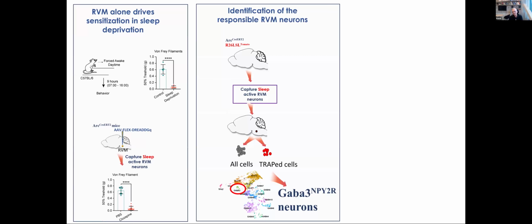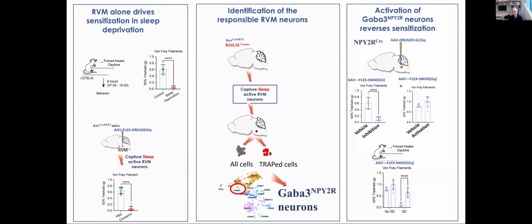We trapped the cells with tomato and sequenced those neurons and could identify an inhibitory neuron type, a GABA3 subtype that expressed NPY2 receptor, that markedly dropped in activity upon sleep deprivation.